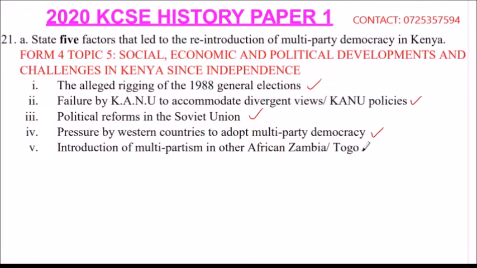Number 5, introduction of multi-party in other African countries like Zambia and Togo. So that also contributed to their introduction. So other countries were also experiencing the same, and therefore that also led to the introduction of multi-party.